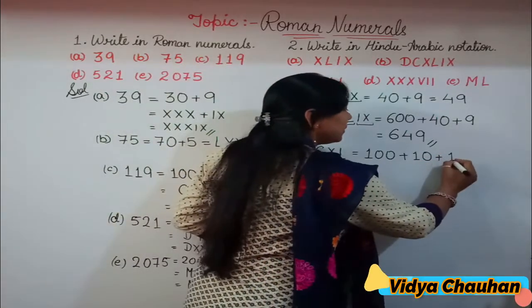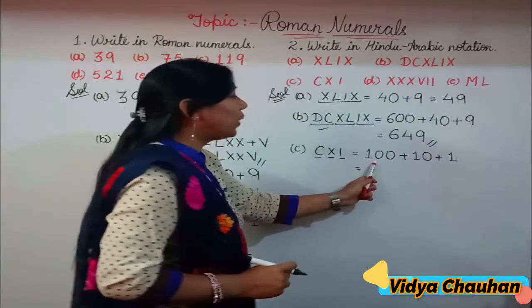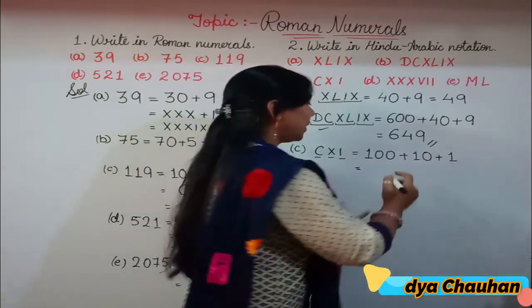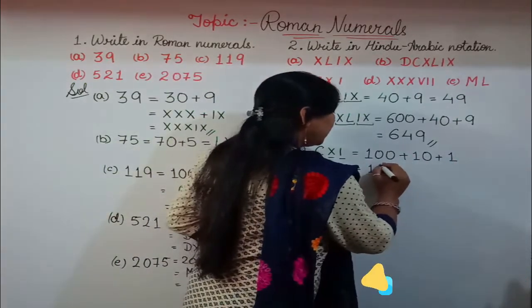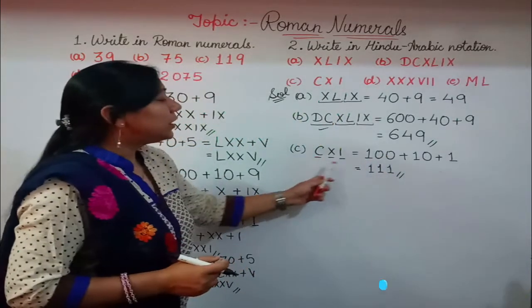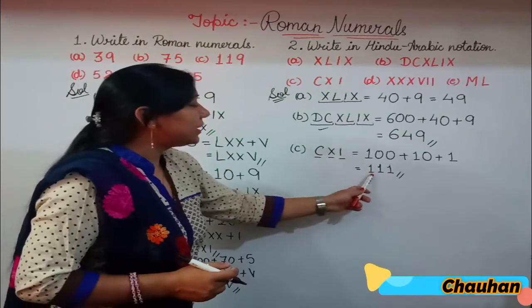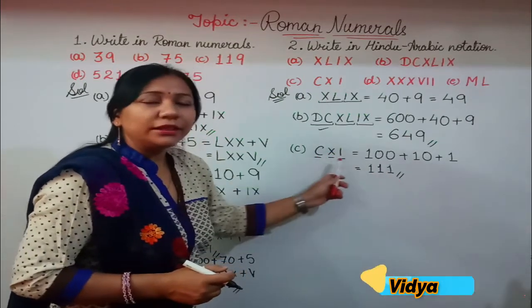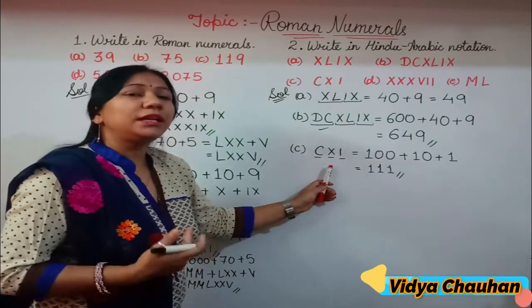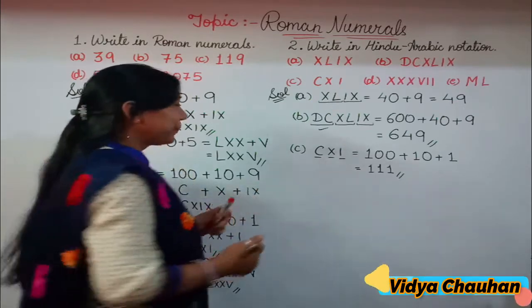It is 1. Now adding all these three values together, 100 plus 10 plus 1, it will give you 111. So the Hindu Arabic form for the symbol CXI is 111. This symbol is actually representing 111 in Hindu Arabic form.